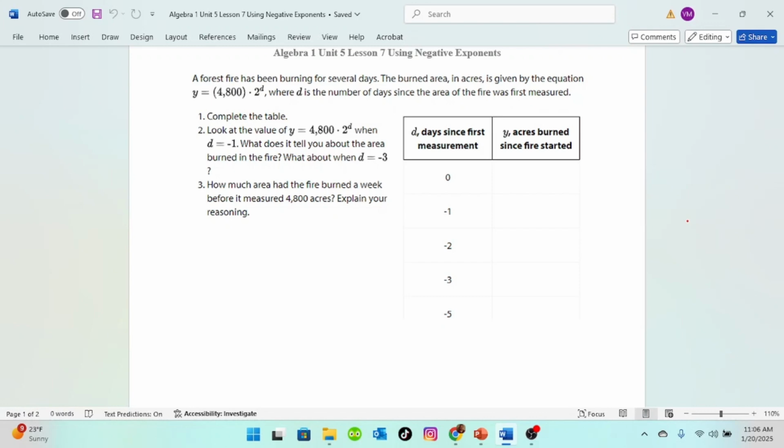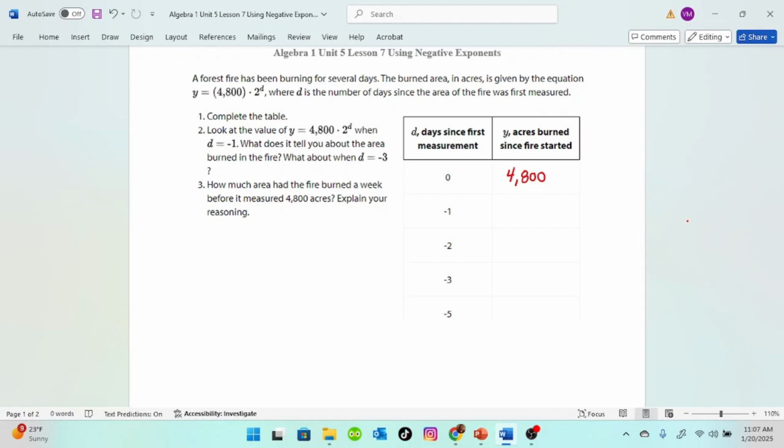So now what we're going to be doing is cutting the area that's been burned in half because now we're going backwards in time. So, as I said, 0 days since the measurement, that's going to be the initial 4,800 acres that have burned on the day that they've taken the measurement.